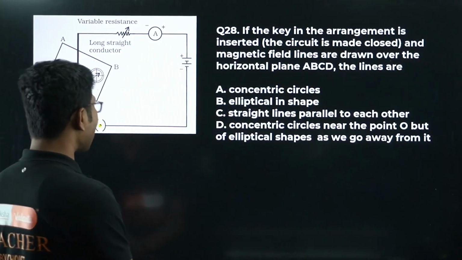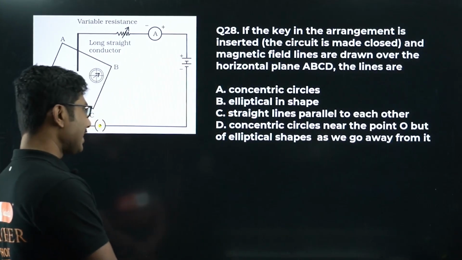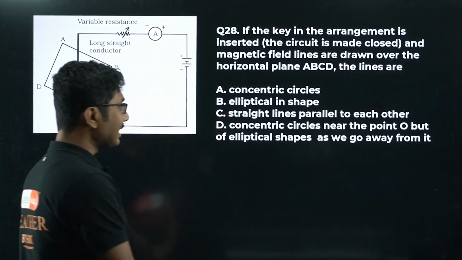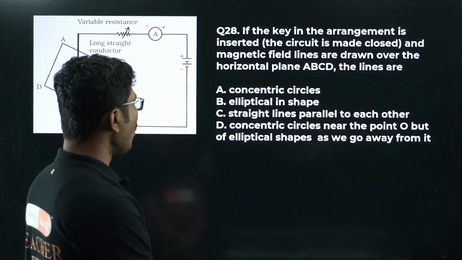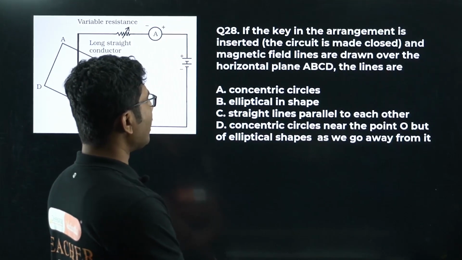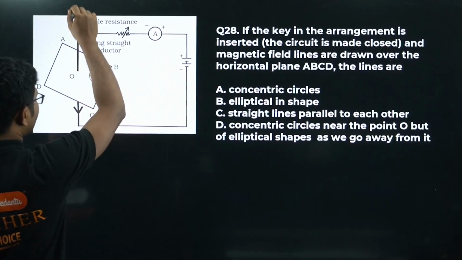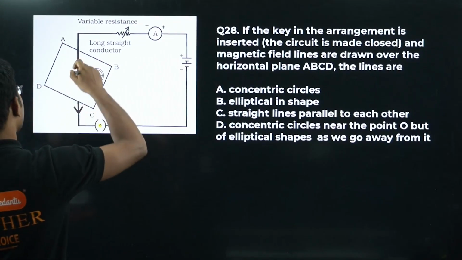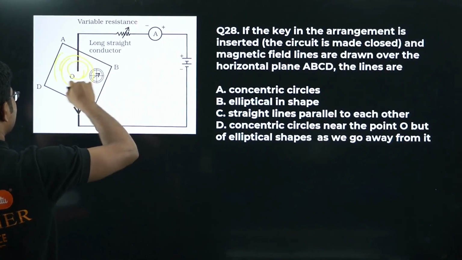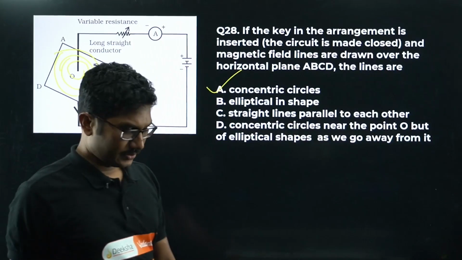The options are concentric circles, elliptical in shape, straight lines parallel to each other, and concentric circles near the point O but of elliptical shapes as we go away from it. In this case, as you know, this is a straight wire carrying current, so the field lines will be concentric circles. Concentric circles will be the correct answer.